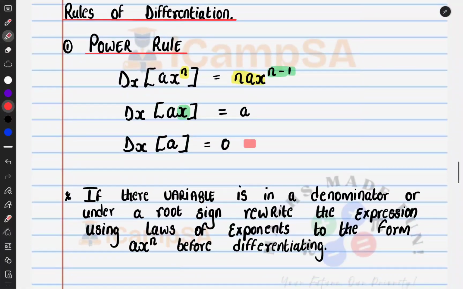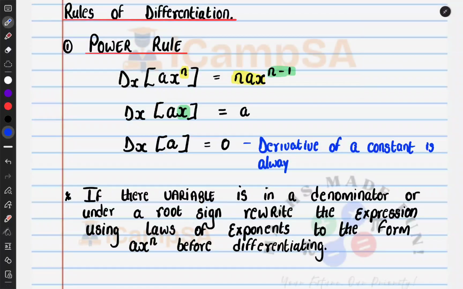We can put that in writing: the derivative of a constant is always equal to 0. So that is how the power rule works.